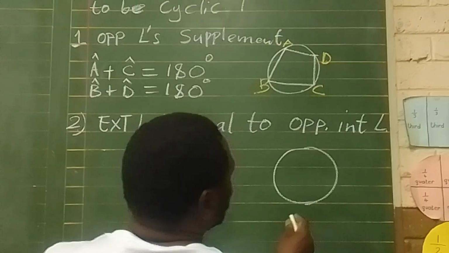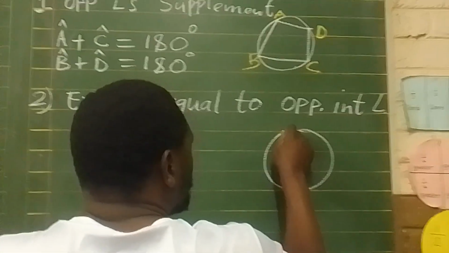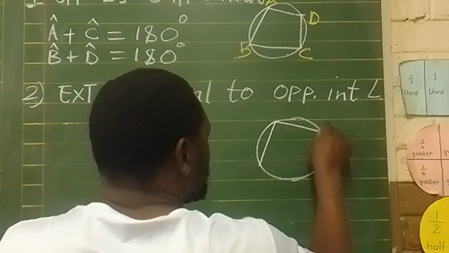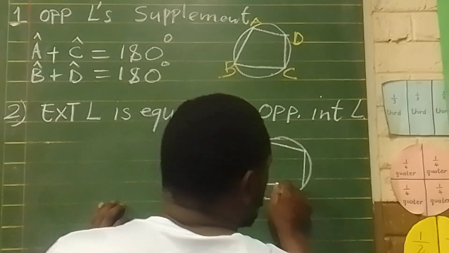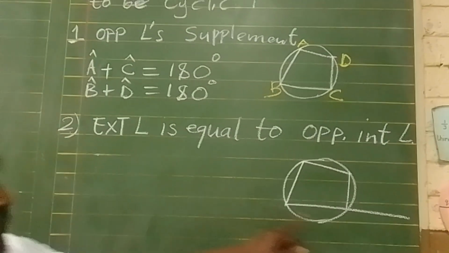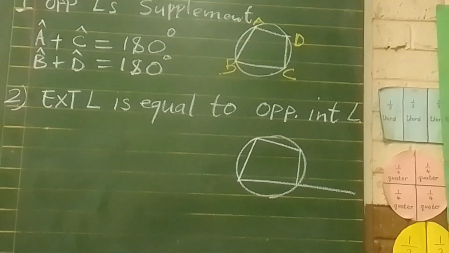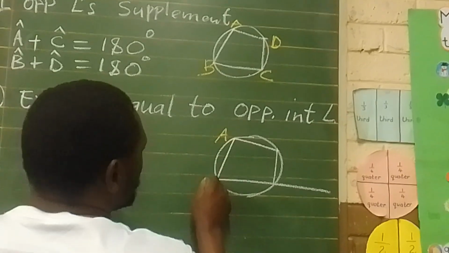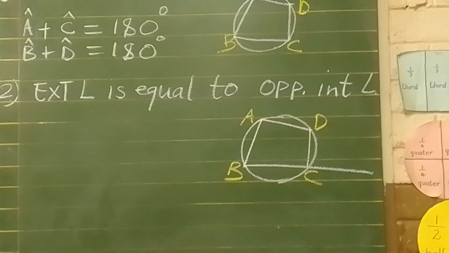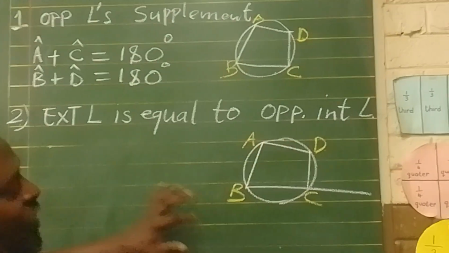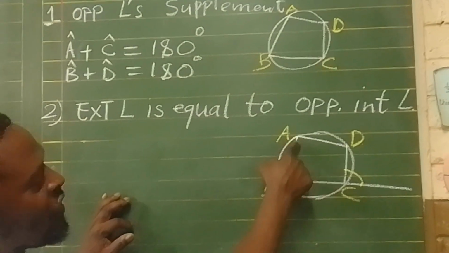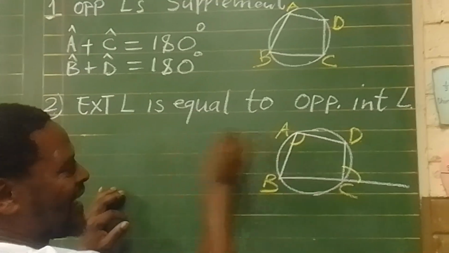Now this is our quadrilateral. We have the same A, B, C, and D. But this time, we extend. In order for this to be a cyclic quad, this is the exterior angle, must be equal to the opposite interior angle.